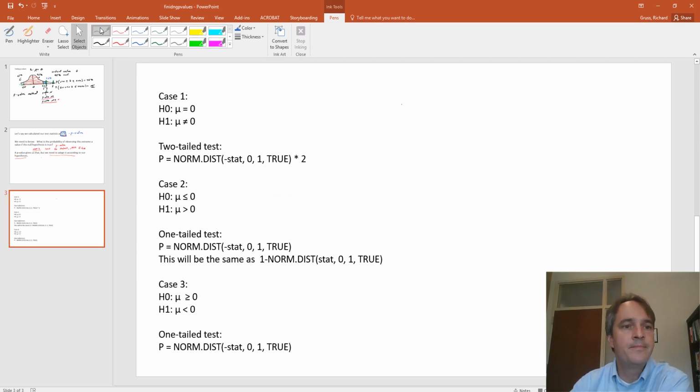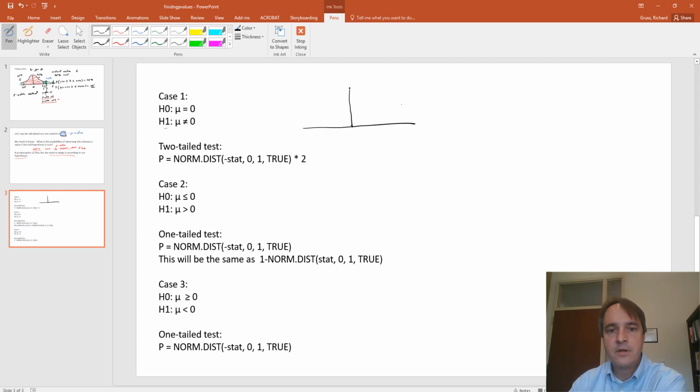In case 1, we are hypothesizing that the mean is equal to 0 under the null, and our alternative is that it's not equal to 0. So then our distribution under the null hypothesis would look like this, where it's centered on 0.